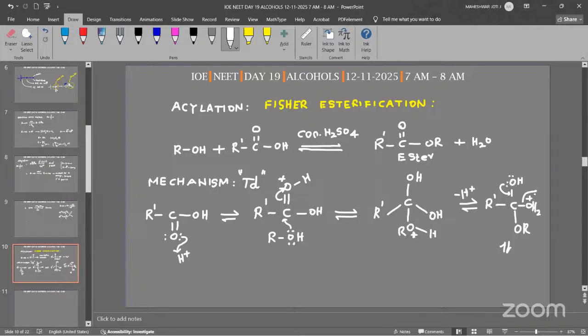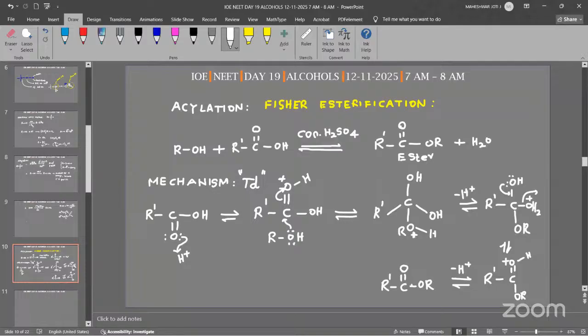H2O goes out, right? R dash C double bond OH, OR. Now oxygen is losing electron density, gets positive charge. Now this hydrogen comes out as H plus. R dash C double bond O, OR. So finally this is ester. This is the mechanism.